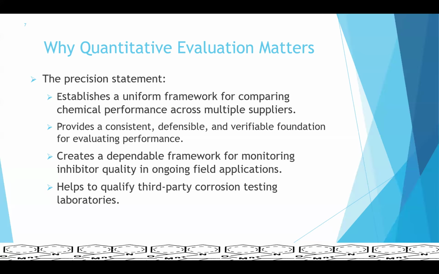The first two bullets are about selecting and qualifying corrosion inhibitors. In some parts of the world, they routinely monitor the quality of the chemical during application. Even for that, the precision statement creates a defendable framework for monitoring inhibitor quality in ongoing field applications.